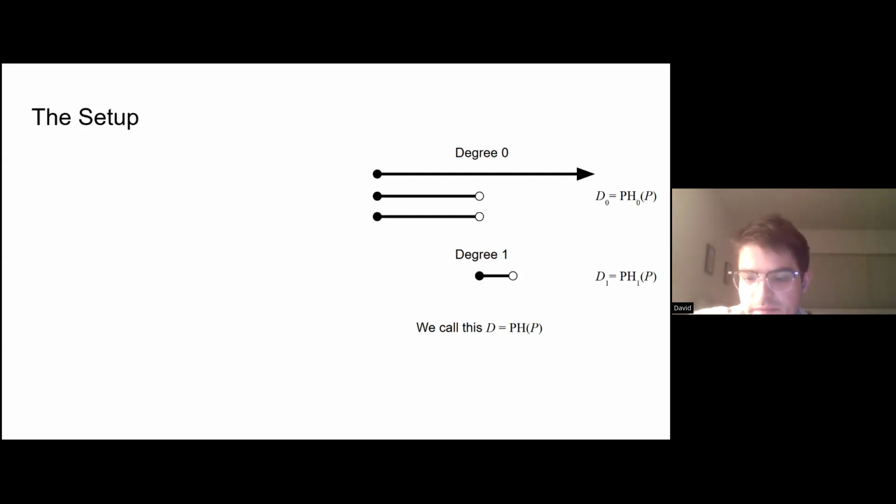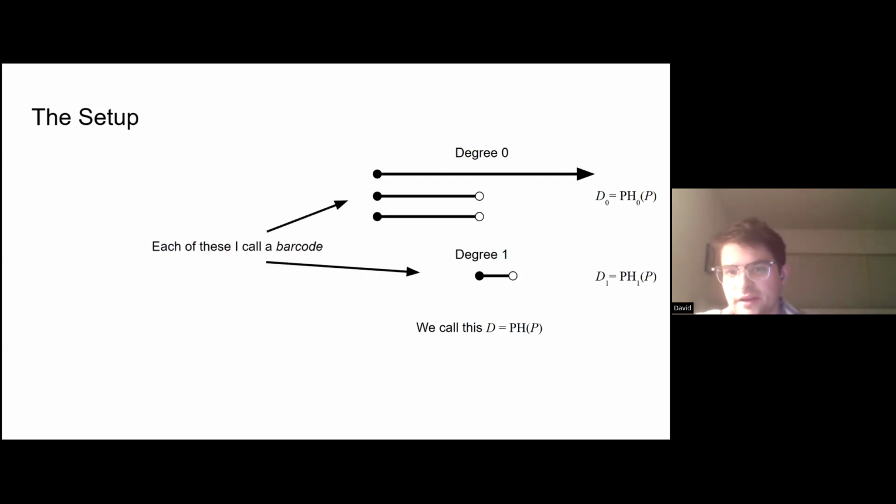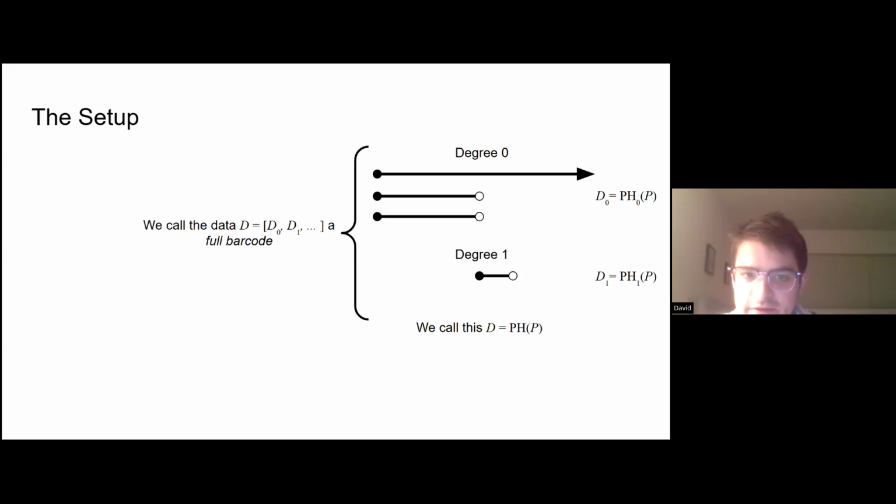So as I think I said verbally earlier, people in this realm, for some reason, have decided to call a multi-set of intervals a barcode. So that's the language I'll use. I'm also going to use slightly non-standard language, which is that I'll call this collection of barcodes in each degree a full barcode.